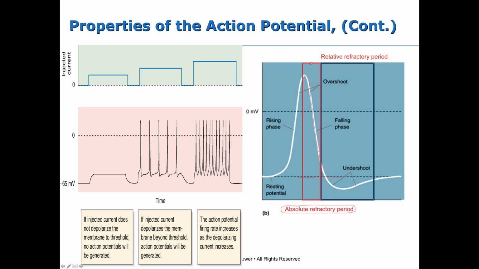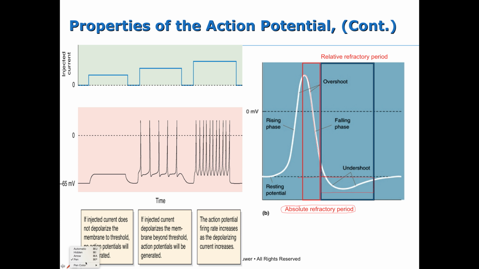Meaning, during this moment right here, you cannot fire another action potential. Now, during the phase where you are actually below negative 70 millivolts, you just need more current, or a greater stimulus, in order to get you to negative 55.